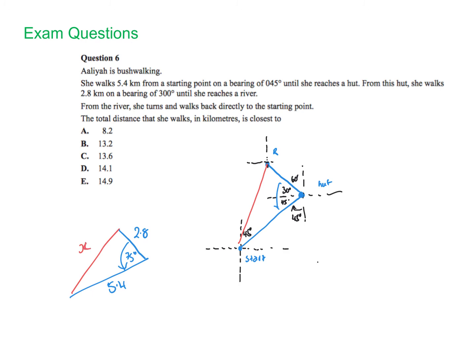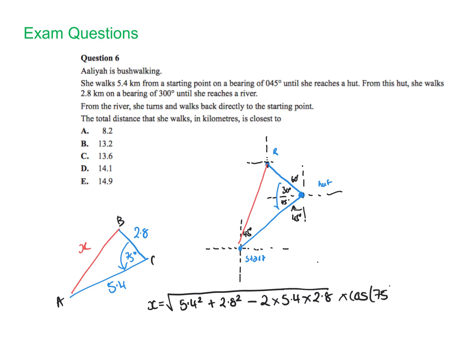So this is where I could use the cosine rule. So x equals the square root of the two sides squared added together, minus 2 times those sides times cos of the angle in between, which was 75. So if we do that, we get 5.4.